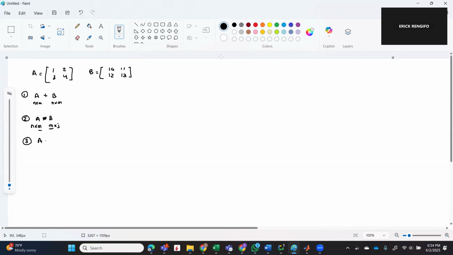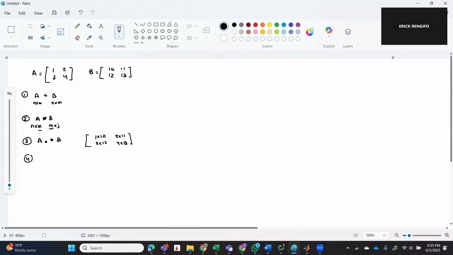So for example, I want to do A dot star B. So what it will do is multiply 1 times 10. It's going to be 1 times 10, 2 times 11, 3 times 12, and 4 times 13. So this is the element by element multiplication.